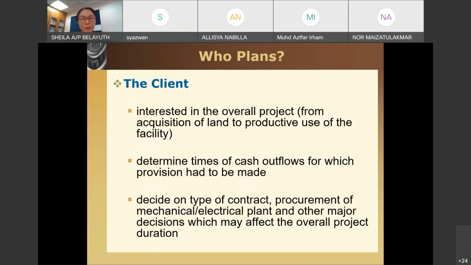The most complicated and comprehensive planning will be by the contractor, because the contractor needs to plan element to element, it goes to that detail. So the client does not need to know column A completed today, column B completed tomorrow. They don't need to know. But the contractor needs to know which column to concrete and which element to be installed before and so on.